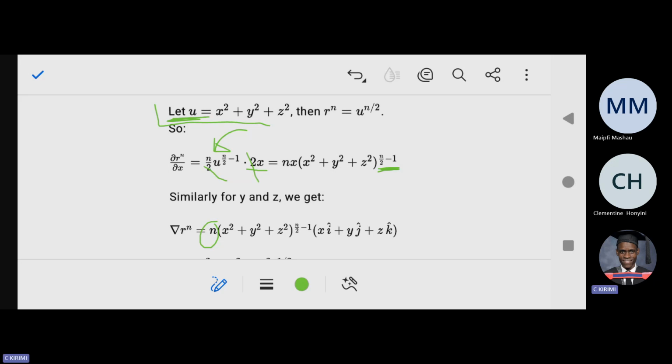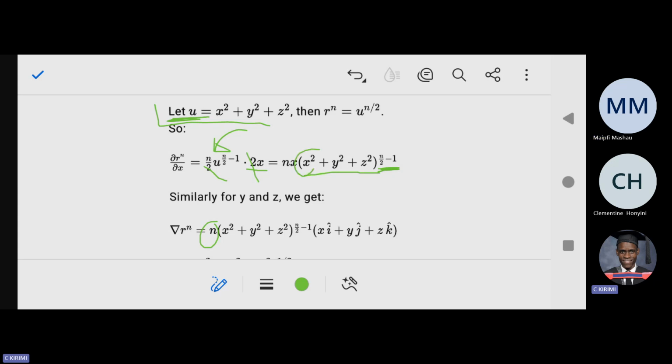Then you say x times n, and you are left with x squared plus y squared plus z squared to the power n over 2 minus 1, multiplied by the derivative of what is inside.